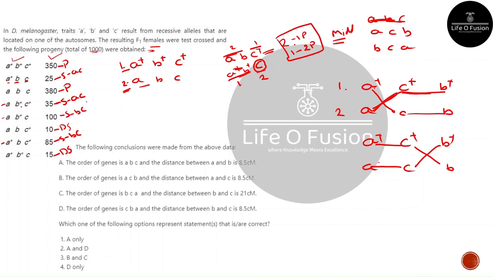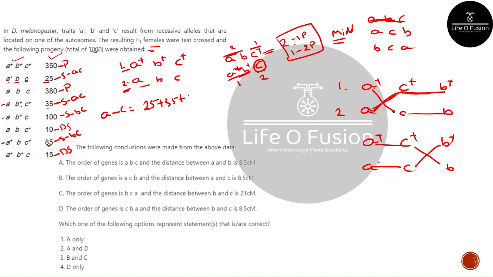So what is the formula? The distance between A and C is the number of single crossover products between these two genes, 25 and 35, plus the number of double crossover products, because double crossover also occurred between these two genes.